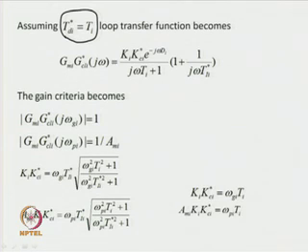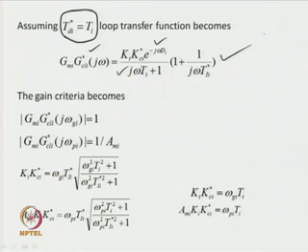With that assumption, the loop transfer function becomes GMi GCLi star(j omega) equal to Ki KCi star e to the power minus j omega di upon (j omega Ti plus 1) square times (1 plus 1 upon j omega Ti star).